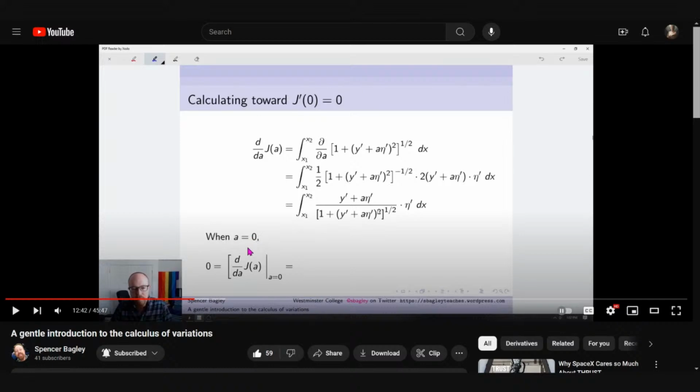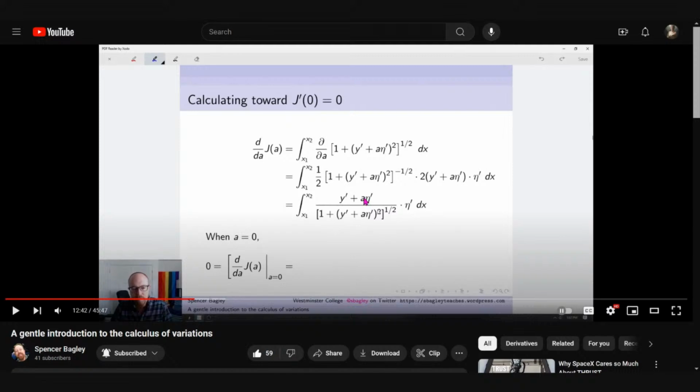Okay, so a equals 0. So we want to calculate a definite integral over dx. So y prime is a function of x, eta prime is a function of x. A is not a function of x. A is a constant.